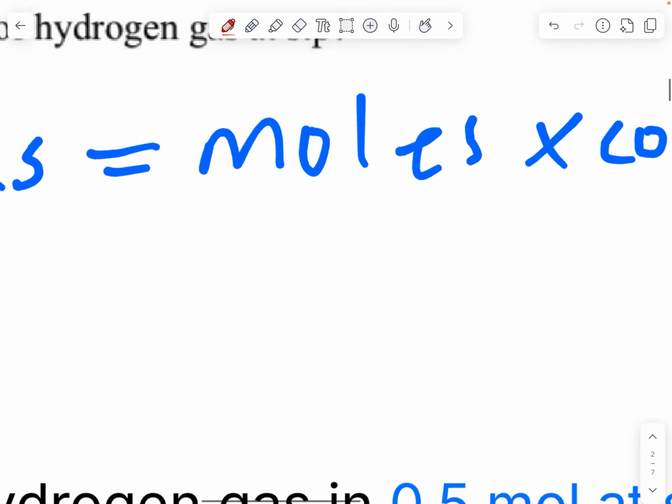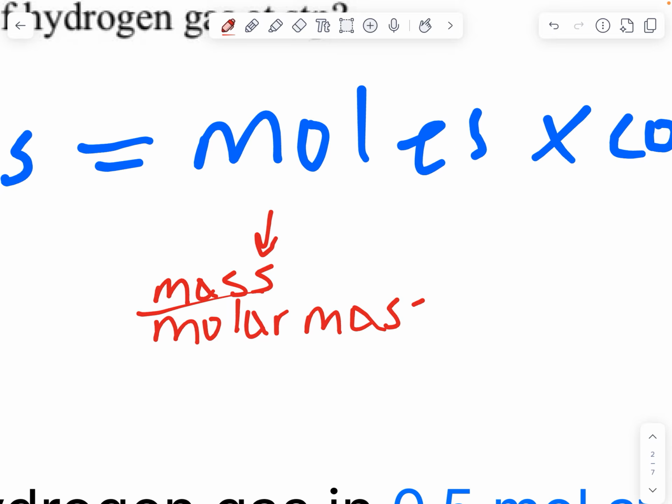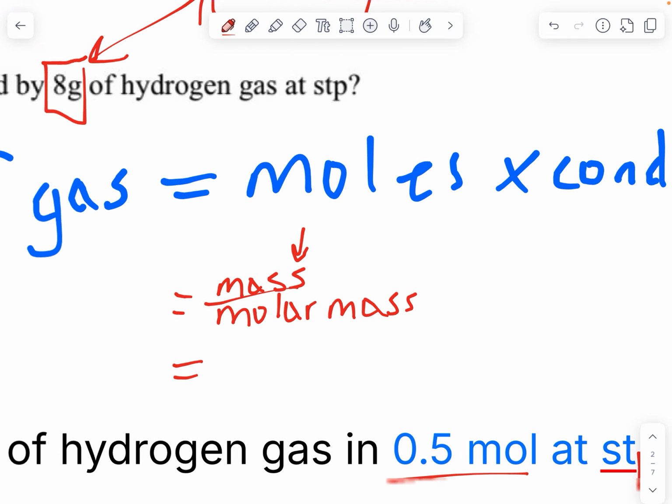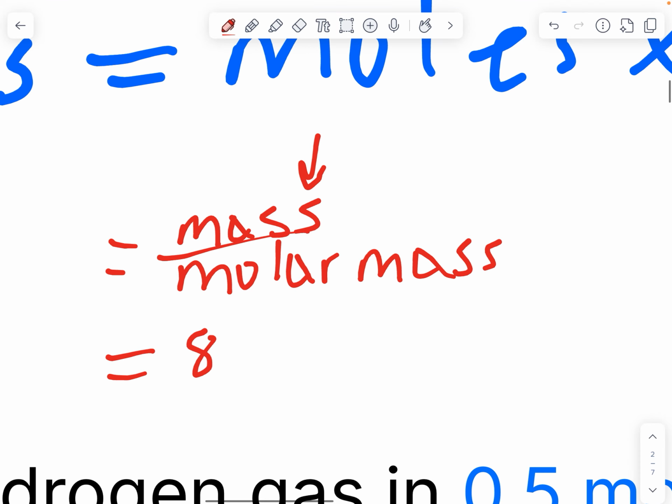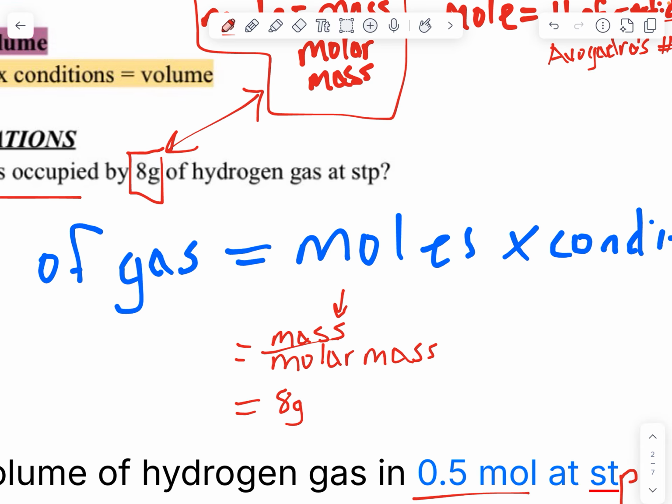So let us work it out. Right? So it says mole equals mass divided by molar mass. And for mass, the mass that we got was 8 grams of hydrogen gas. Remember that all gases are diatomic. So hydrogen gas is H2.